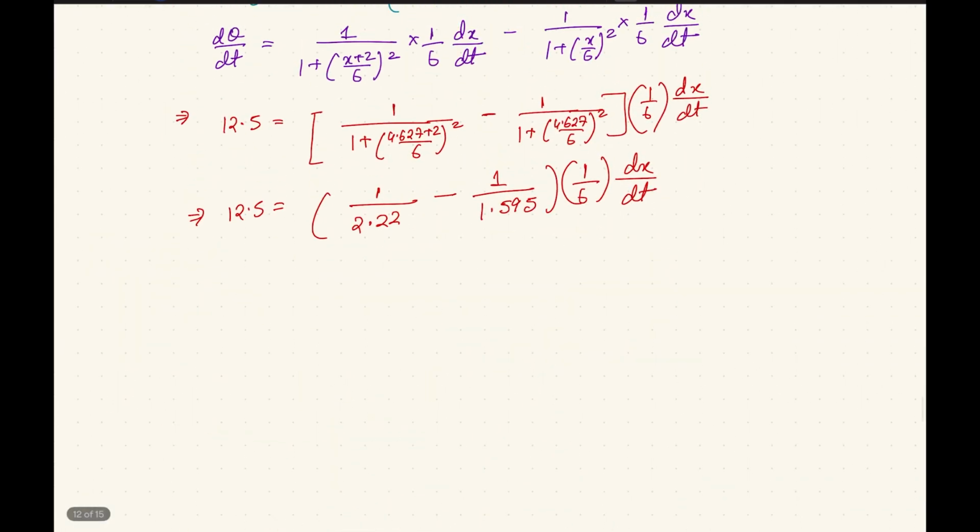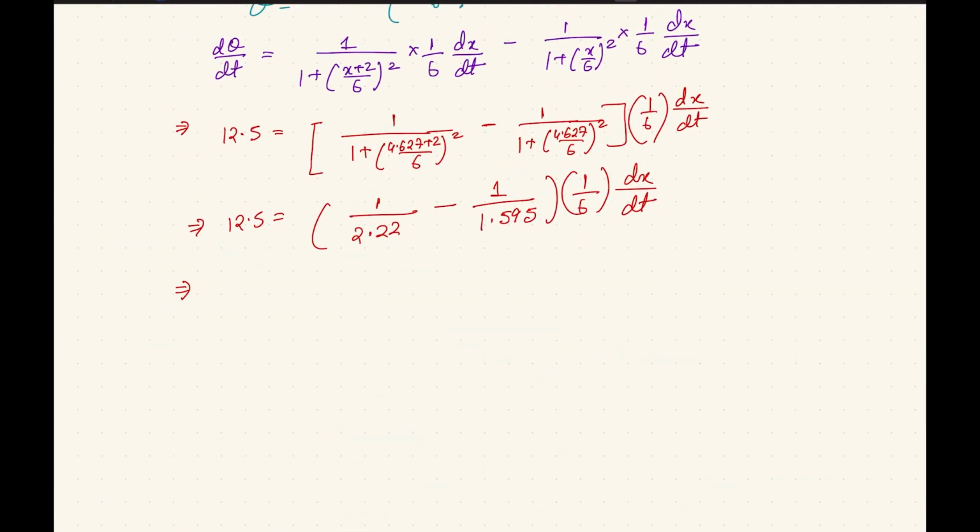Okay, that is fine. And here, if I simplify this, 1 divided by 2.22 minus 1 divided by 1.595, divided by 6, and 12.5.